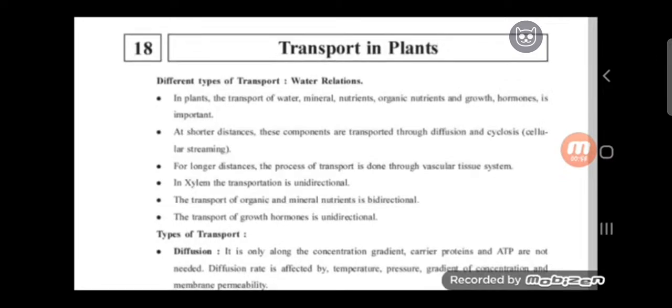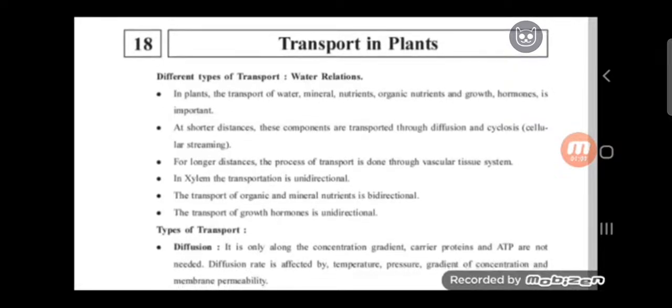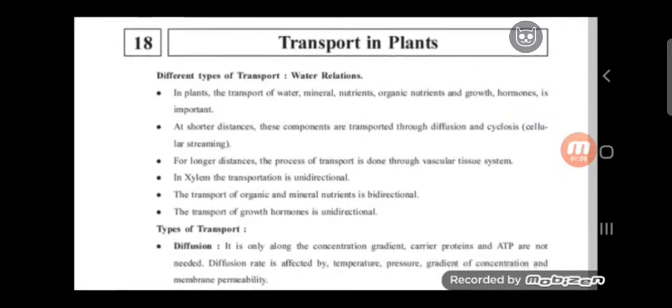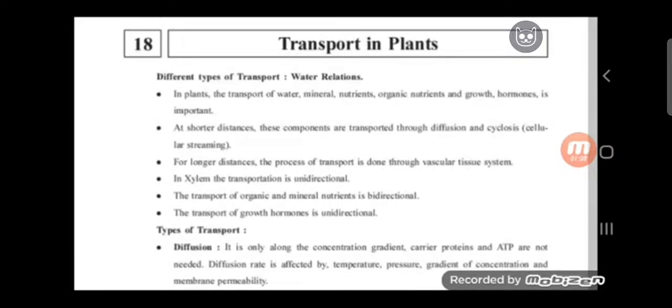So transport in plants. There are different types of transport, whether water relations in plants, or the transport of water, minerals, nutrients, organic nutrients, and growth hormones.